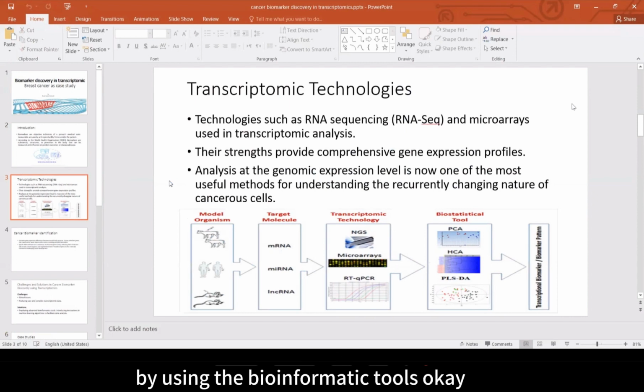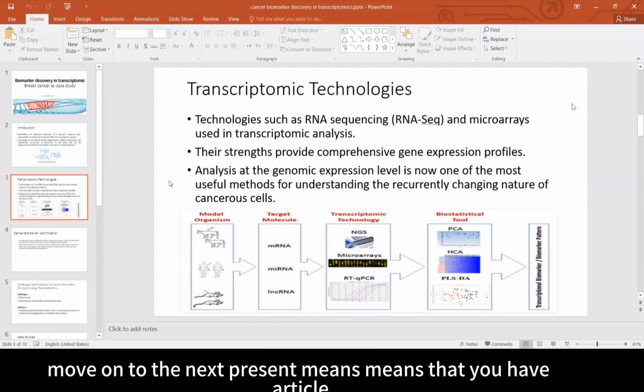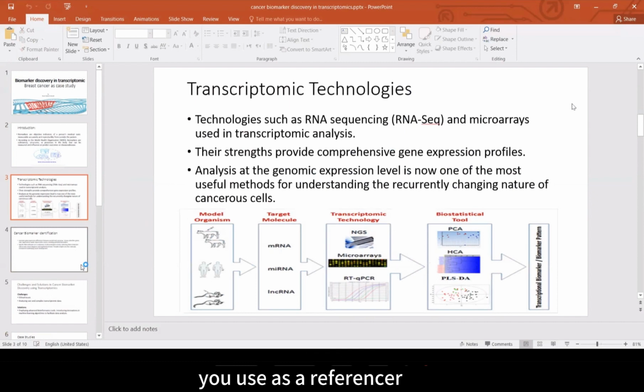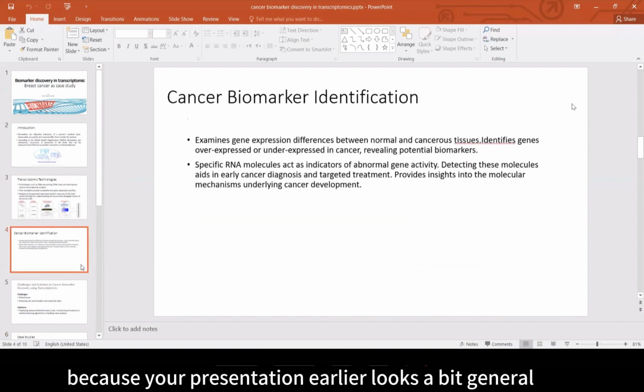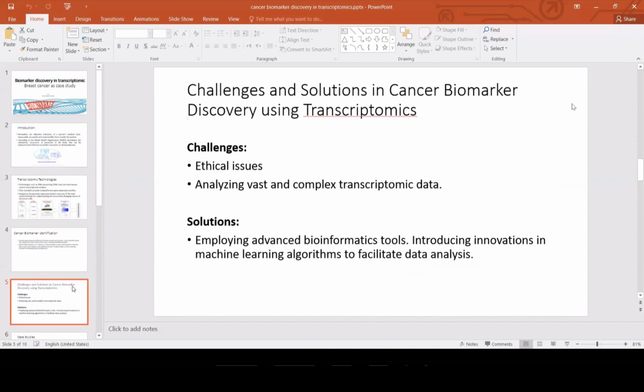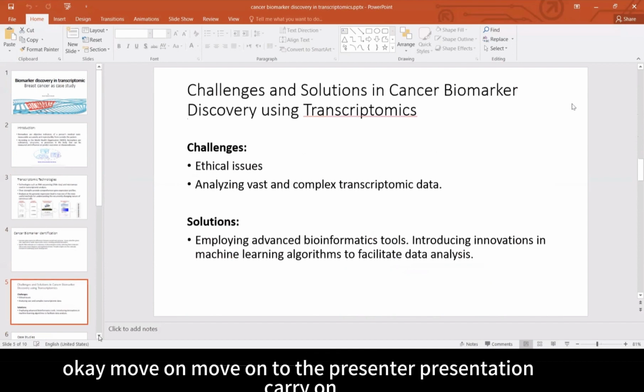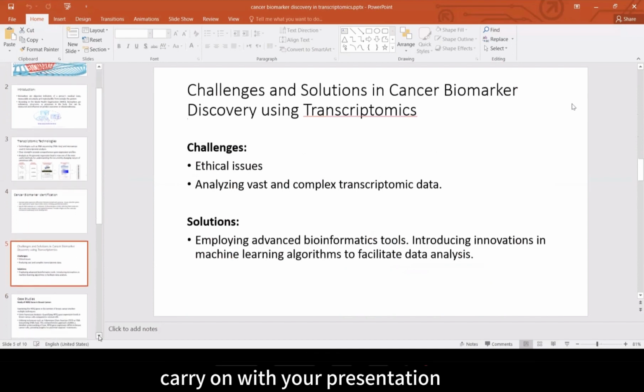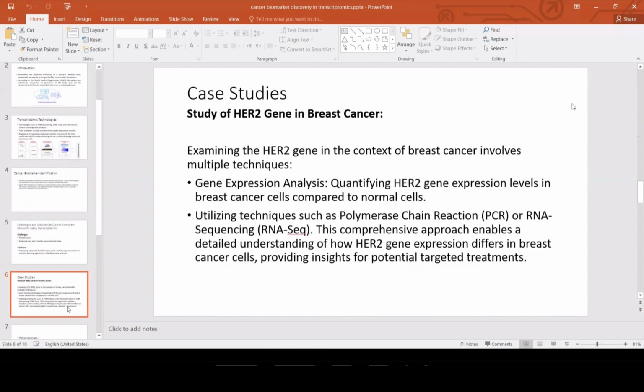By using bioinformatic tools. Okay, move on to the next person. Do you have an article you use as a reference? Because your presentation earlier looks a bit general. Okay, carry on with your presentation.